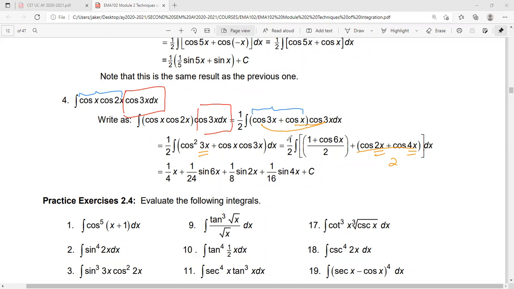But there are expressions also, class, where you have 3 functions and cannot be processed like this. You just have to find a way so that the resulting angle of your cosine, or it could be your sine, can be multiplied to the remaining angle which you have set aside. Just like in this case, you have a cosine of 3x. When you process the first 2, it resulted also in a cosine of 3x.